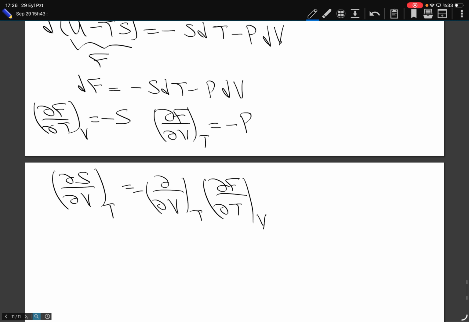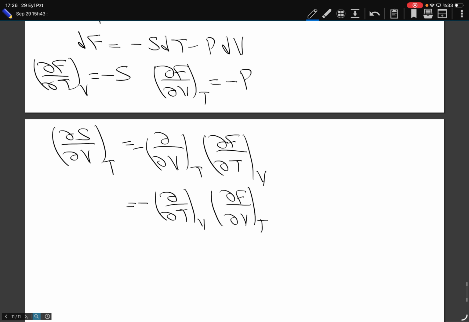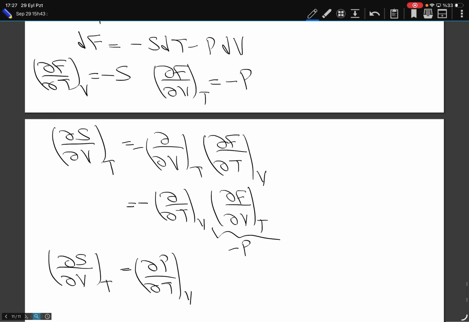Change the order of differentiation. But this is nothing but minus the pressure. So the derivative of entropy with respect to volume at constant temperature will be the derivative of pressure with respect to temperature at constant volume.